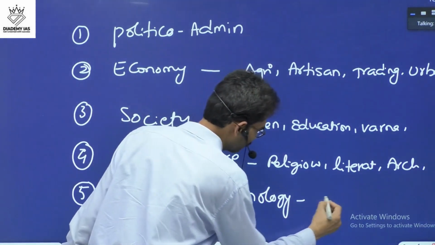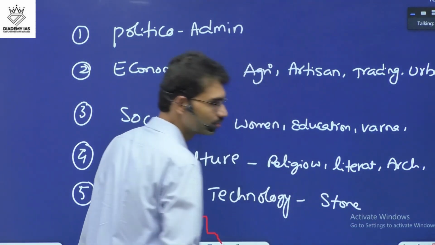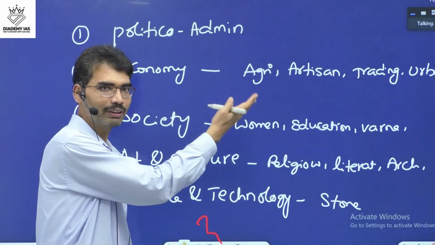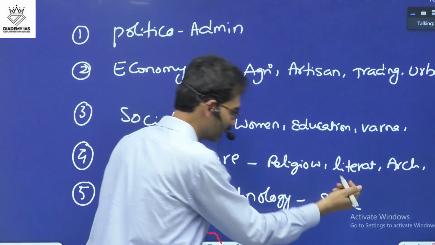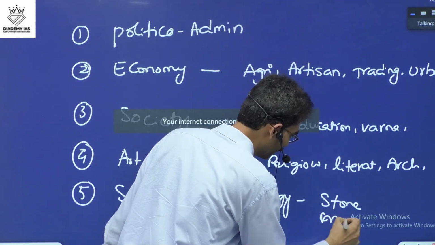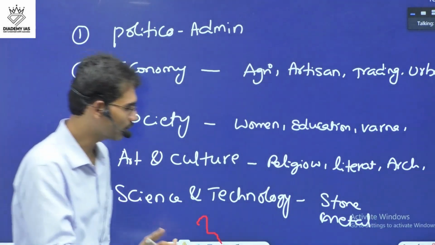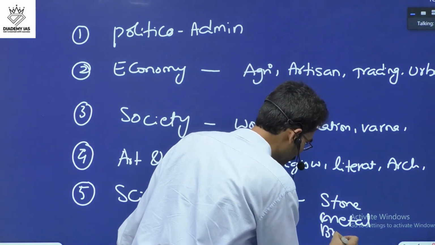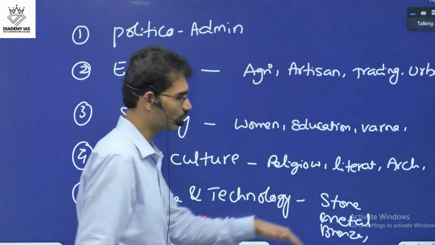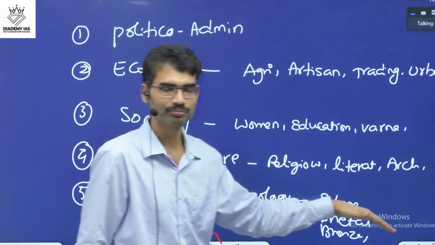And science and technology, this is the stone. Based on stone, primitive technology with stone, and with metal, copper technology. That's why Neolithic, then Chalcolithic will come, then bronze technology. But when it comes to the Stone Age, we talk about the stone technology.